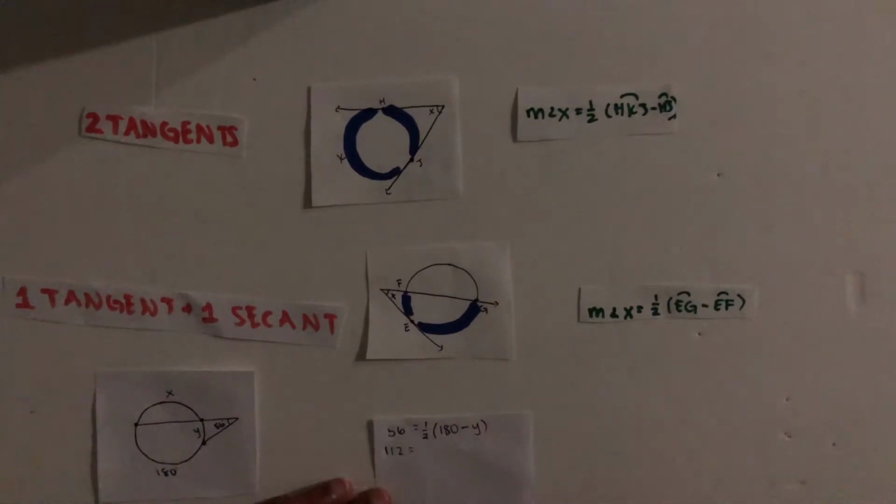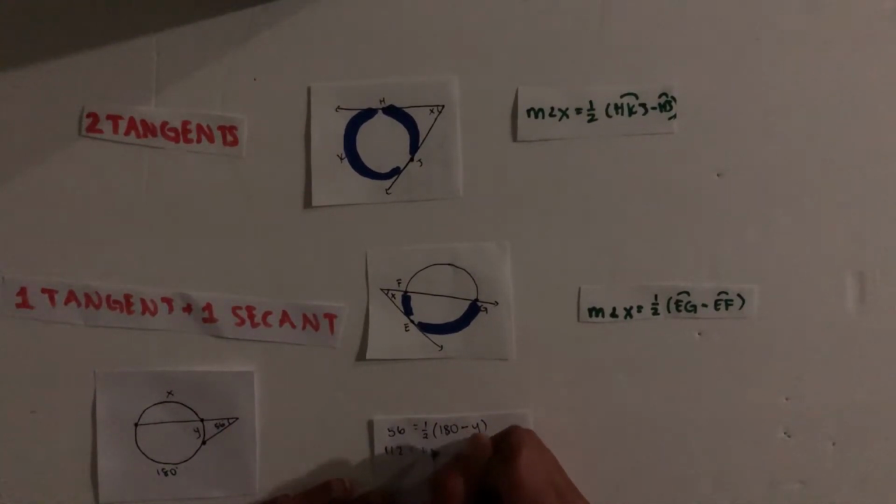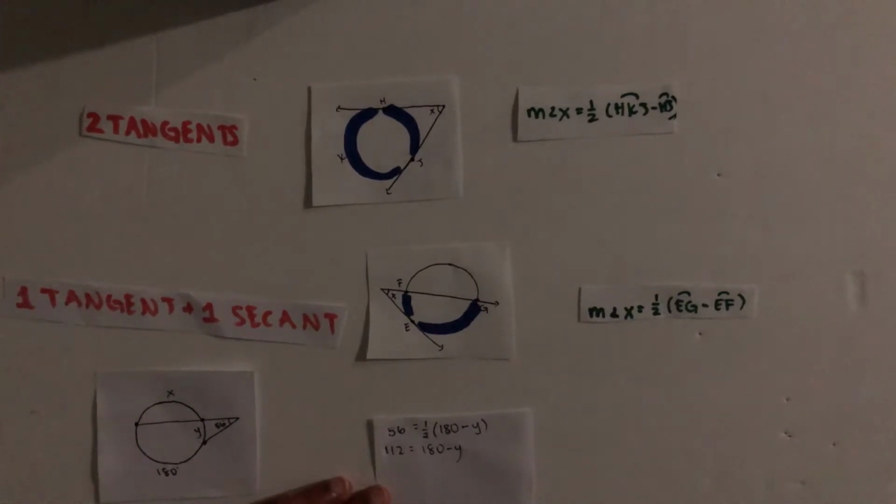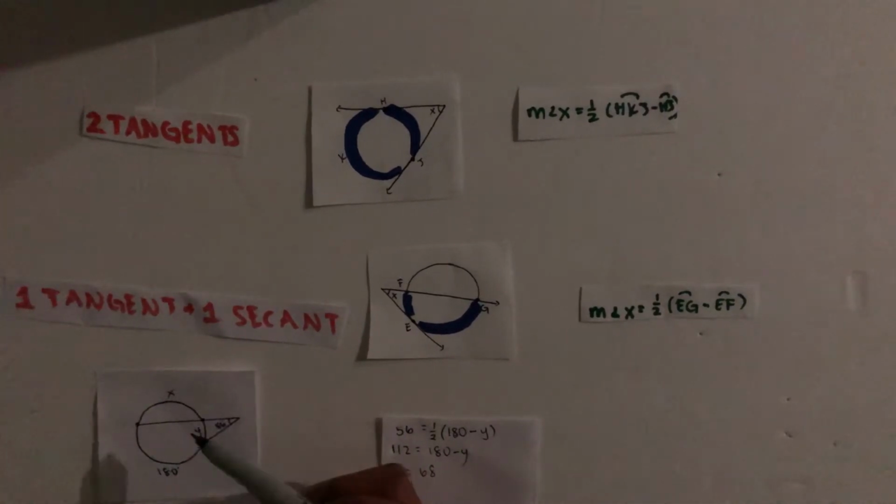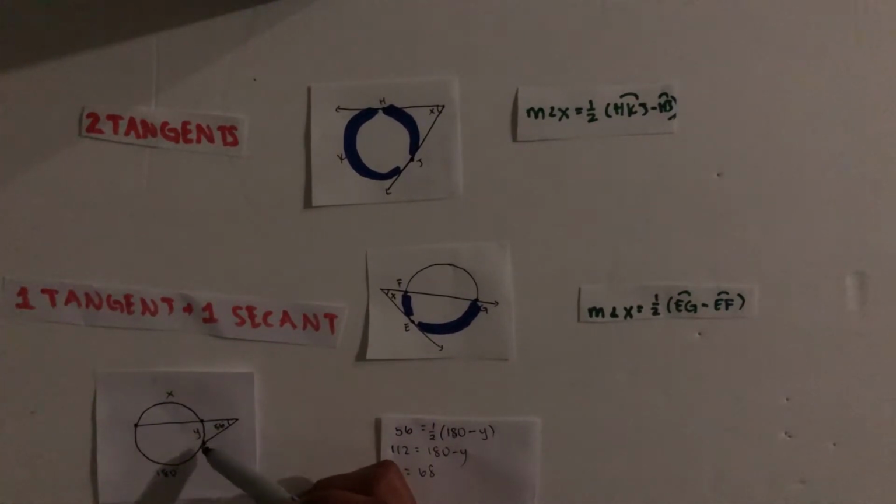112 is equal to 180 minus y. Okay? So now, in order to get y, we subtract the 180, and y is equal to 68. Okay? And now we're not done yet. That only gives us the measure of this part of the arc, which is y.